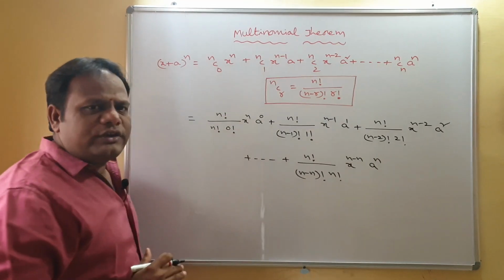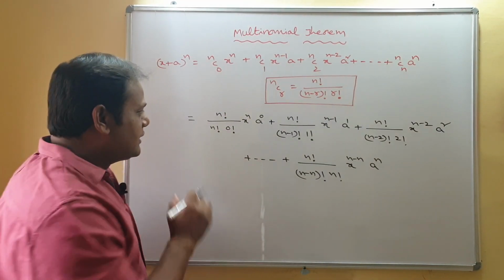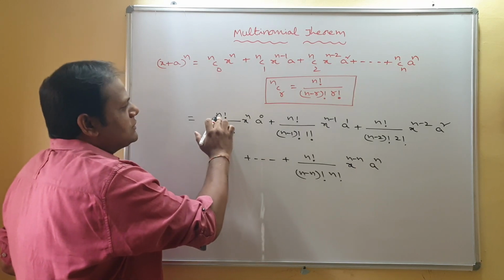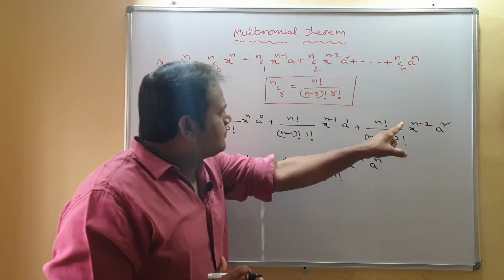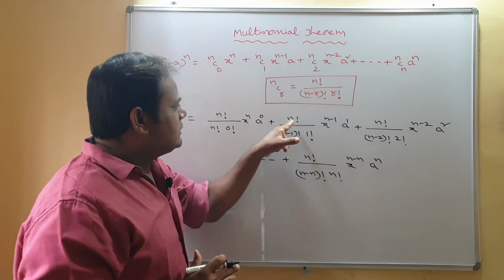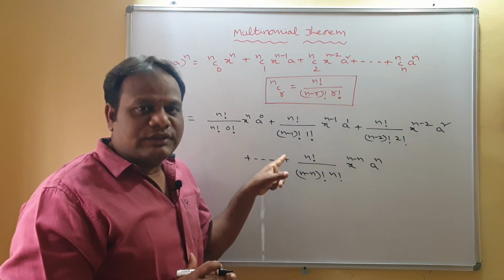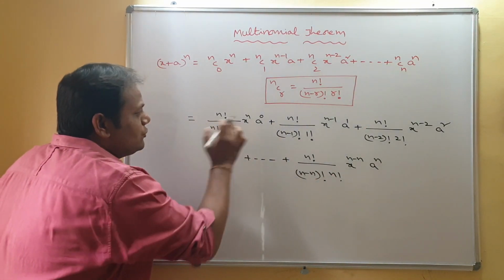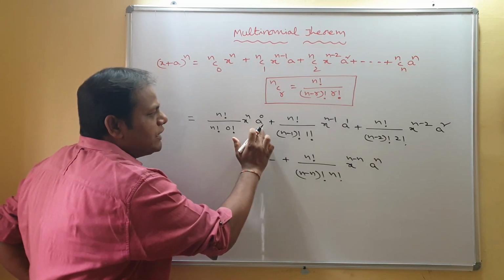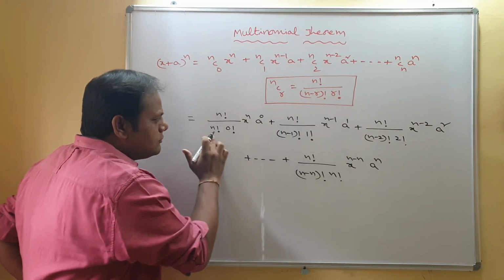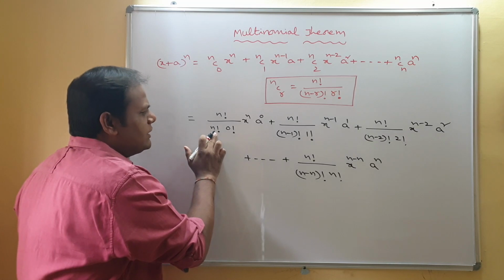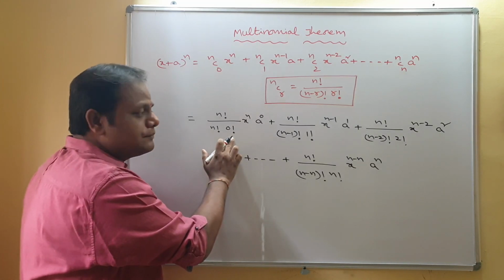And before that, the coefficient: once you observe, for every term in the numerator we have n factorial. In the denominator, the powers in the first term are n and 0, so we have n factorial, 0 factorial.